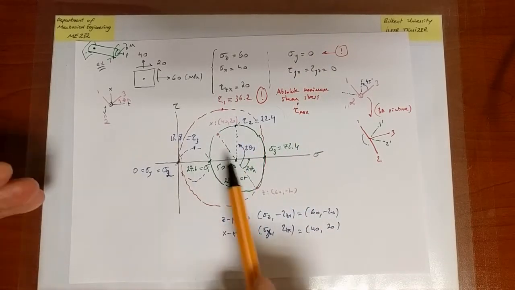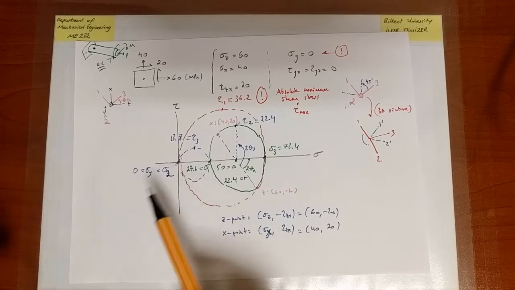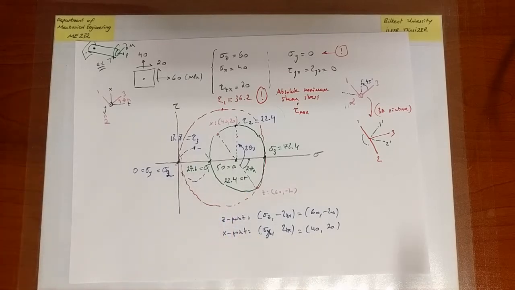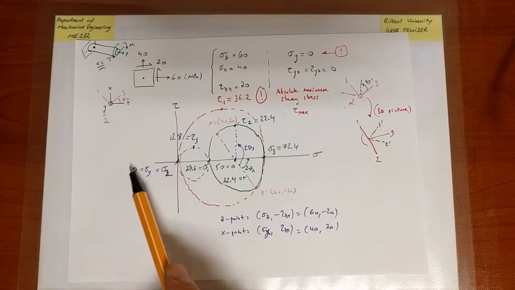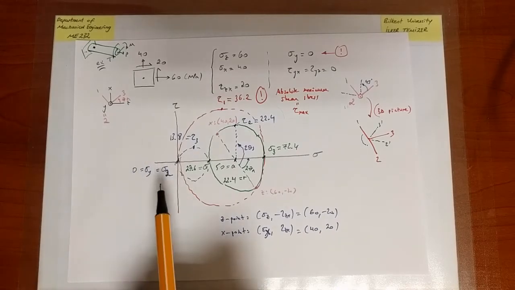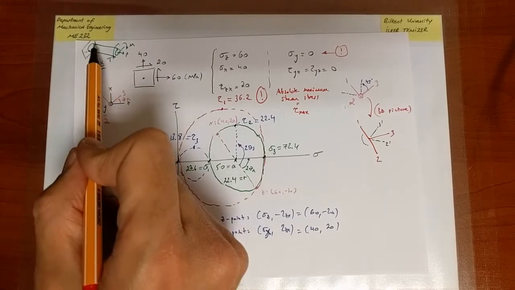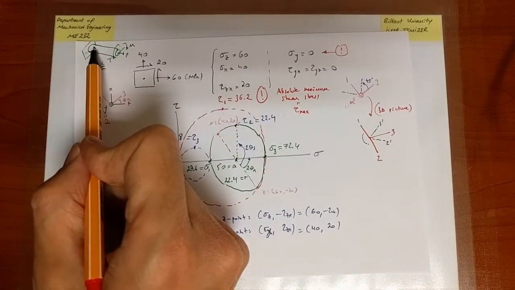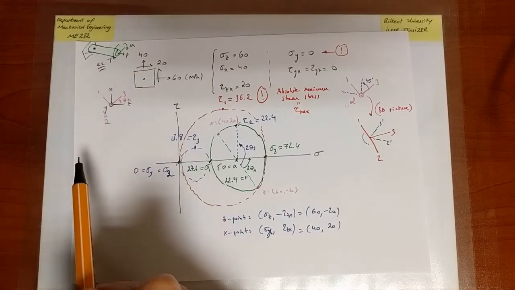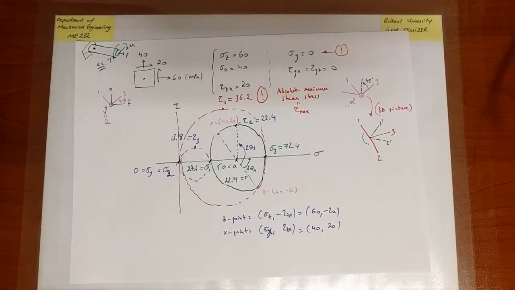In other words, we have to consider the third principal stress, in this case sigma 2 equals 0, in order to decide the absolute maximum shear stress that we can observe at a point and to identify that correctly.